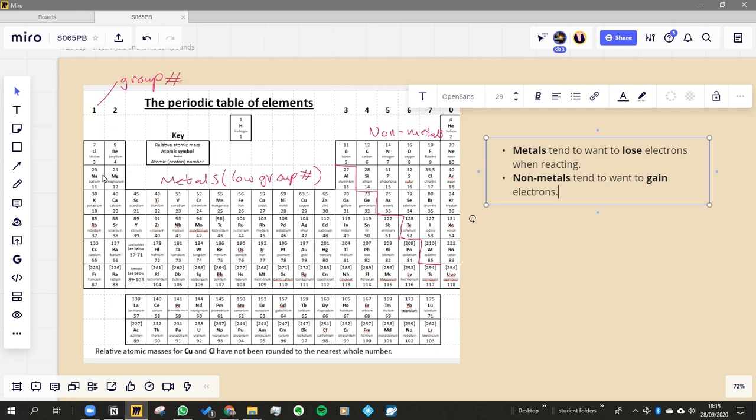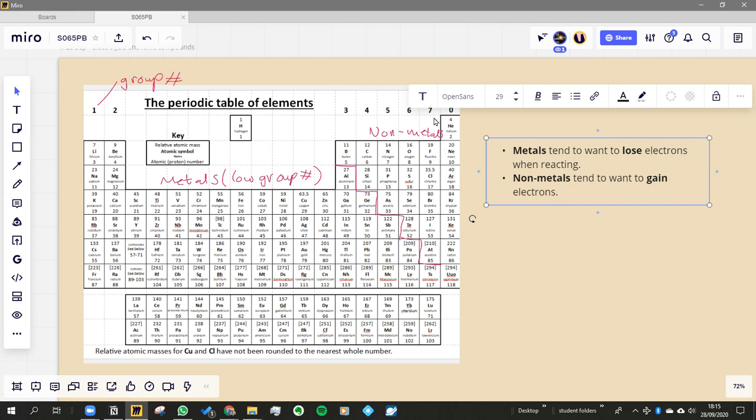So these group 1 metals are very reactive because they only need to lose 1 electron, whereas it would be ridiculous for them to think about gaining 7 electrons. That's why metals lose electrons, because they have a small number in the outer shell. It makes more sense to lose that outer shell than to fill it up.